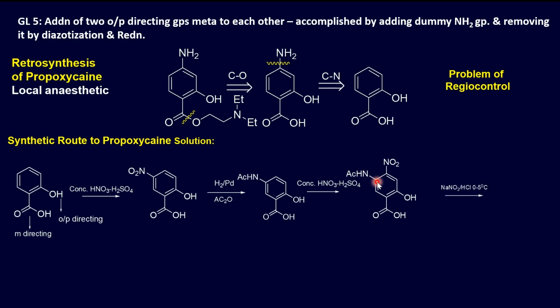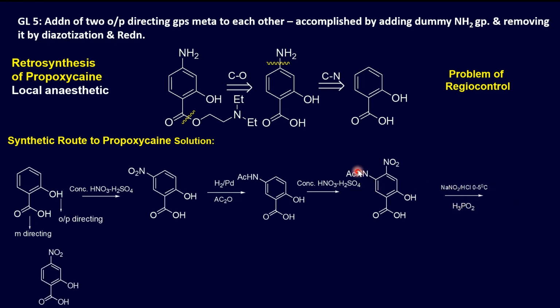Then I will hydrolyze this. Acetyl group goes away, giving amino. The amino I'll treat with sodium nitrite and HCl, and it gets converted into diazonium salt, which I'll replace by H3PO2 treatment.